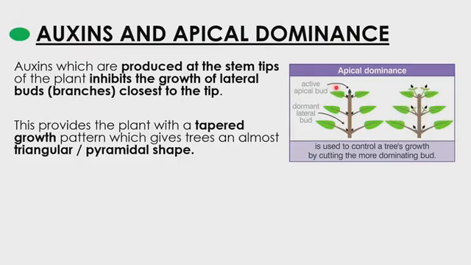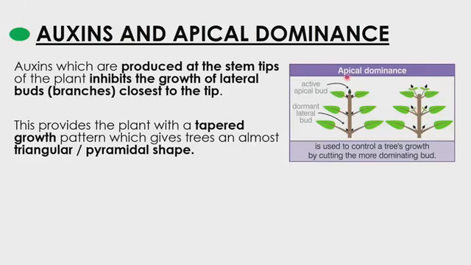Now, if we had to, for instance, remove that apical bud, in the example here on the right-hand side, we will see that the plant will no longer apply apical dominance, which is all about inhibiting these lateral branches on the side. So removing that inhibition, removing that high concentration of auxins, will result in these lateral side branches developing.